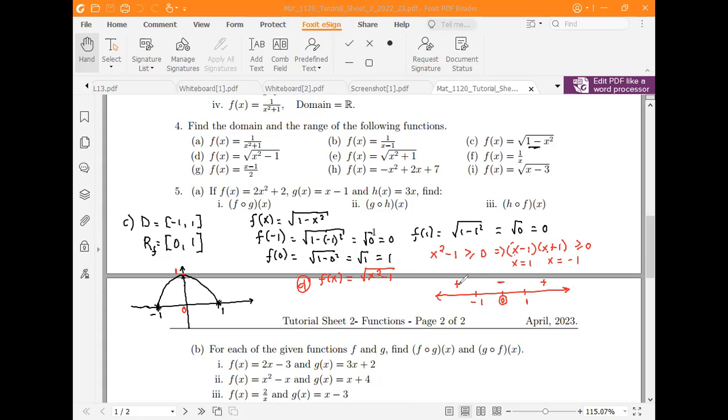So the domain of f is going to be from negative infinity up to negative 1 included, union positive 1 to positive infinity included. So that is where we find the positives. In the interval negative 1 to 1, we have a negative there, so we don't want to have a negative inside the root.